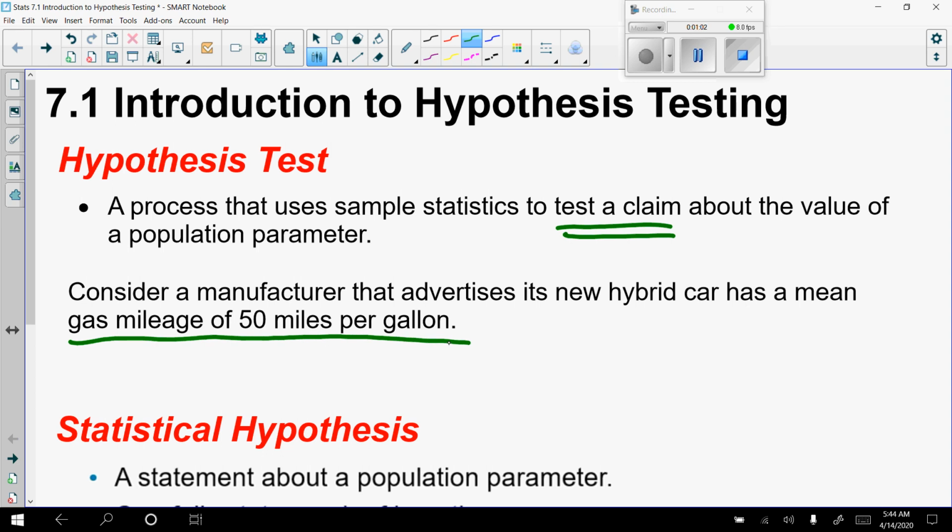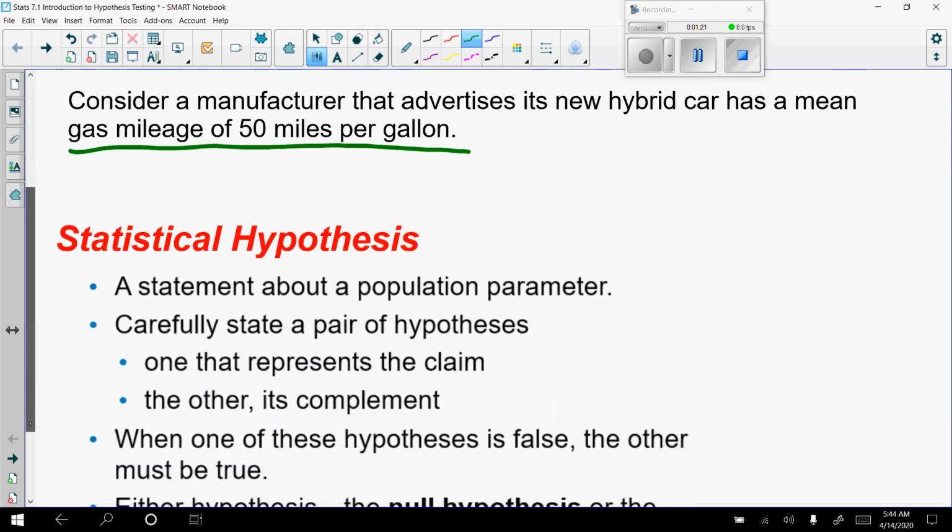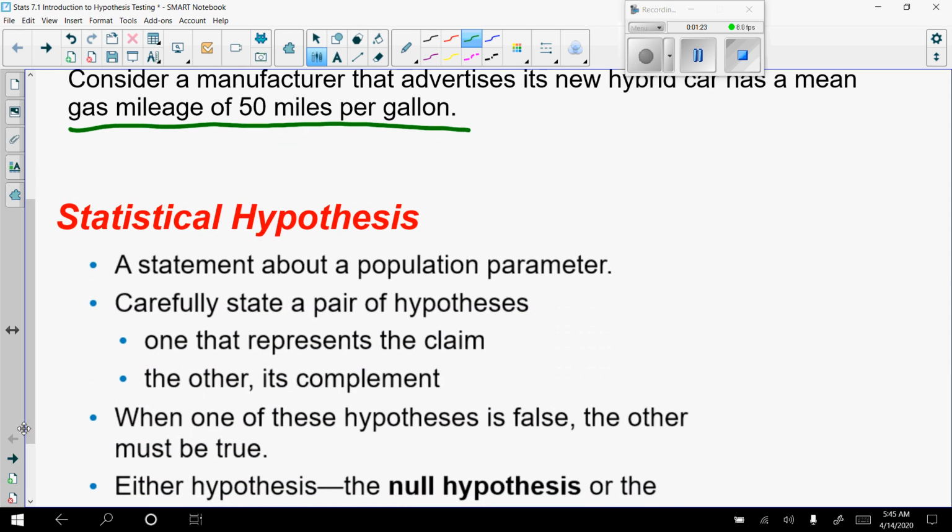The manufacturer wants to advertise that it gets 50 miles per gallon because that is a good feature of a car for a consumer, but is it actually true or not? That's what a hypothesis test does. It tests whether or not something could likely be true. So this is the claim by the manufacturer.